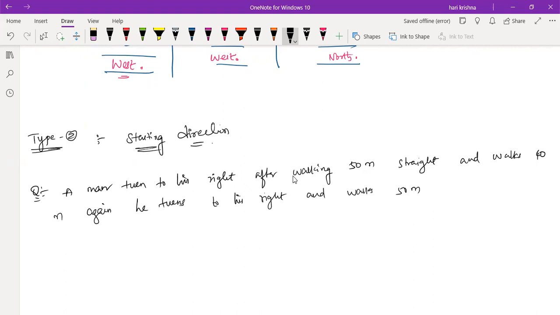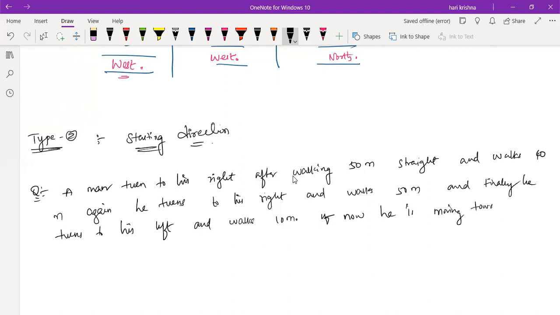And finally, he turns to his left and walks 10 meters. If now he is moving towards north, then which direction did he start to walk?